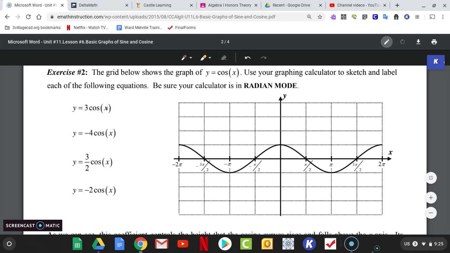Basically, if you did y equals 3 cosine x, you'd see it starts over here. And then I'll just do it really quick. Sorry. Goes over here.